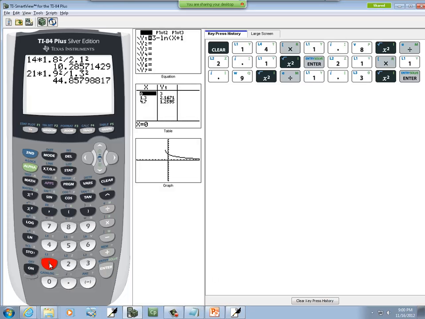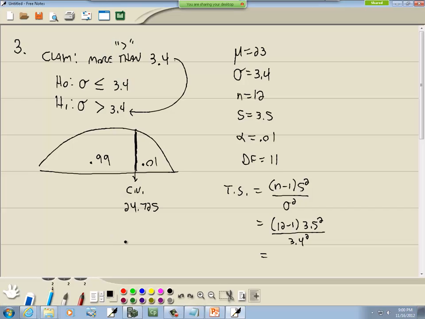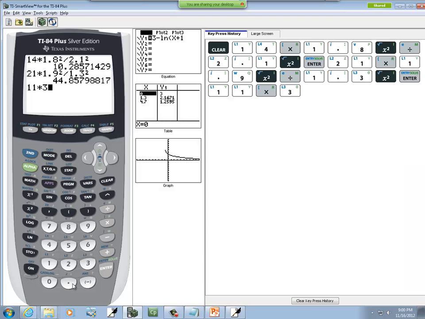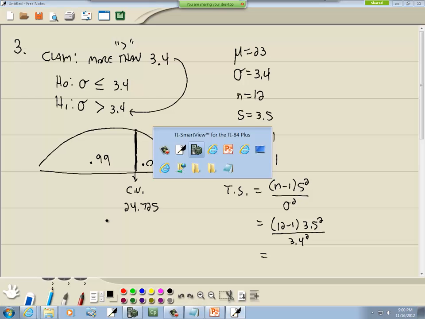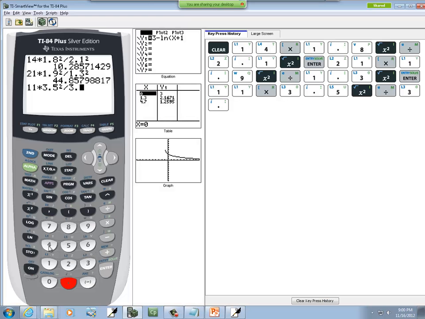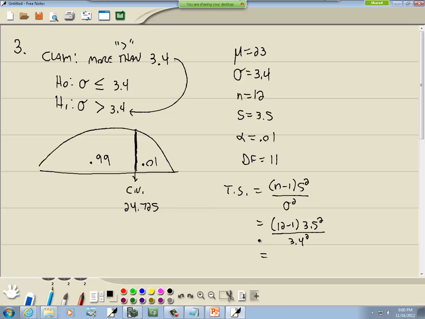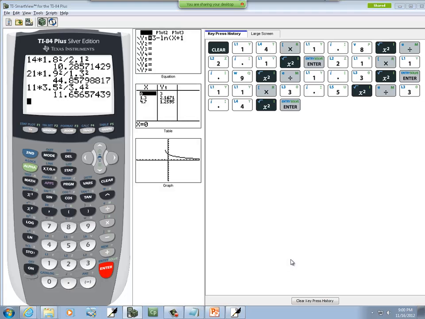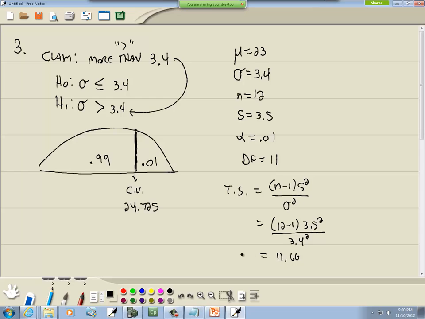Okay, so we'll have 11 times 3.5 squared divided by 3.4 squared. Enter. 11.66. Start off with 2 decimal places, and then you can adjust it from there. It's nowhere close to our critical value, so 2 is fine.